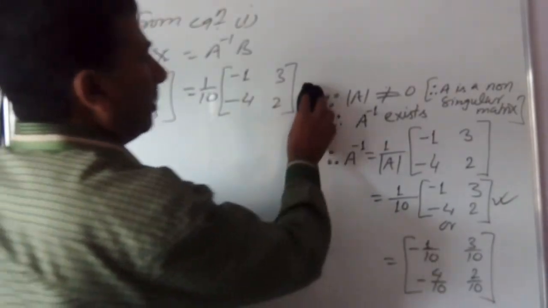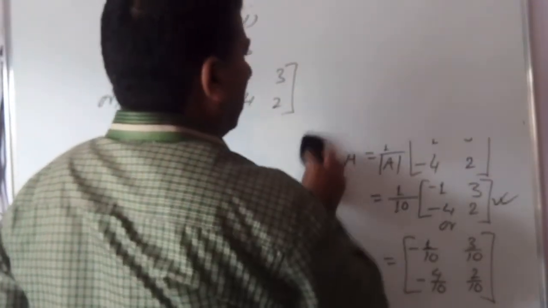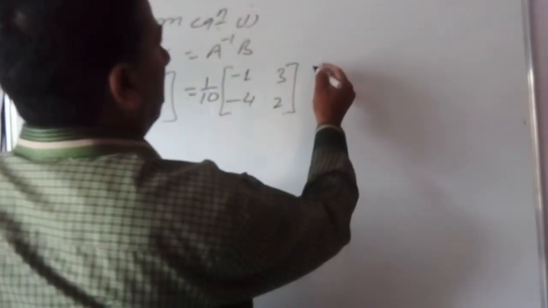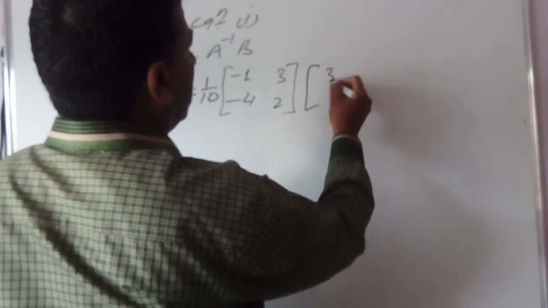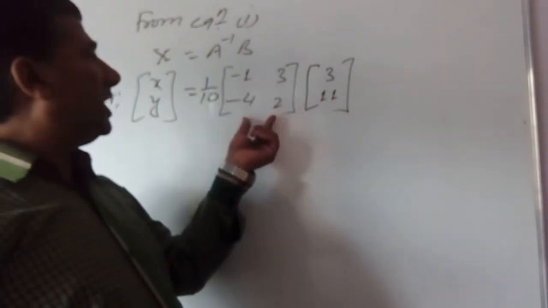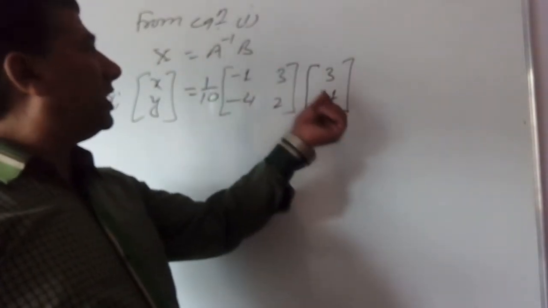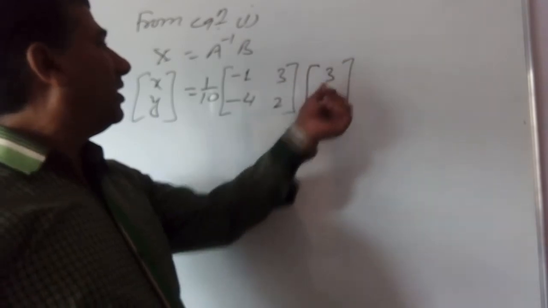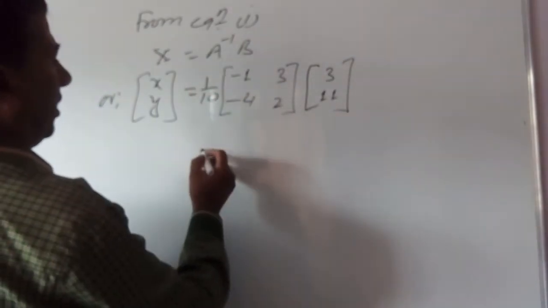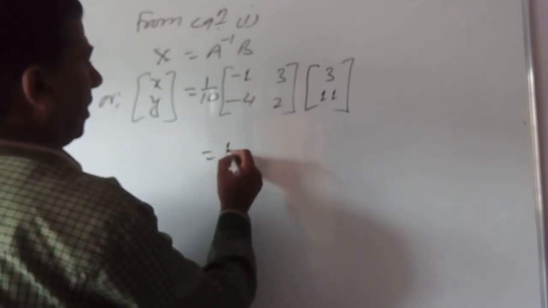And matrix B, the value of matrix B, is 3, 11. Now multiply this A inverse and this B. After multiplication, multiply all the elements by 1 by 10.